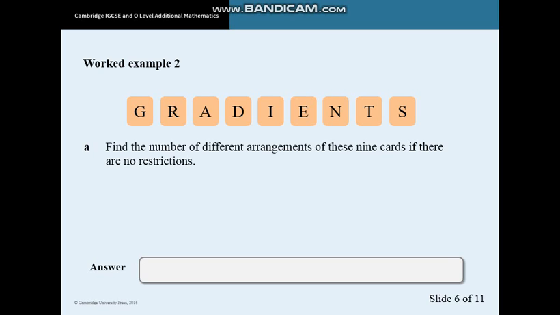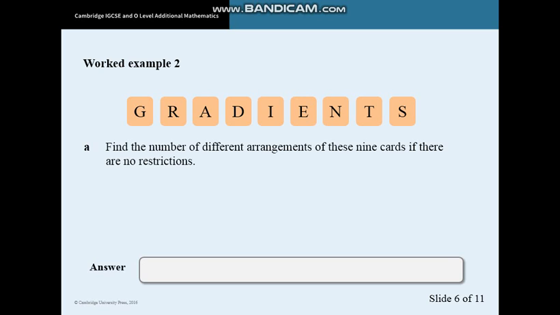Another worked example. Find the number of different arrangements using these 9 cards if there are no restrictions. Restrictions means no terms and conditions.